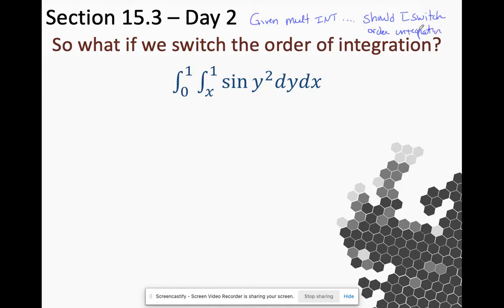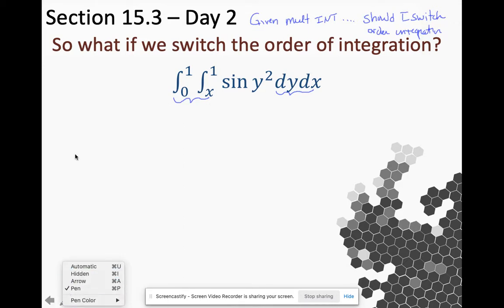And as long as you switch the order of integration here and here, you're legal. So sometimes the problem will prompt you, evaluate by switching the order of integration, but sometimes it won't always prompt you, and then you just have to recognize, oh, I don't think I can integrate this, should I switch the limits of integration and have things work out better?